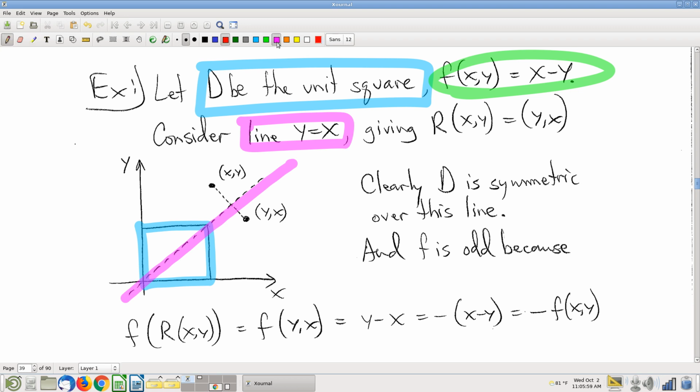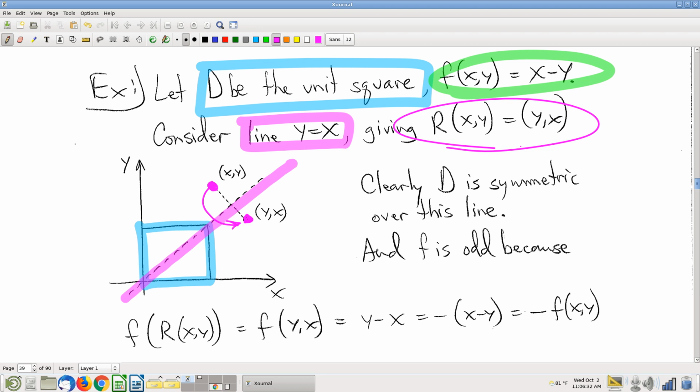Once you've picked that line, if you take a point x comma y and you want to reflect it over that line, you get y comma x. I think that's a pretty easy sell. It's a 45-degree line after all. And so what had been vertical becomes horizontal. What had been horizontal becomes vertical. Think through the details, but I think that's an easy pitch. Is everybody happy with that? Okay. So there's the formula for the reflection.